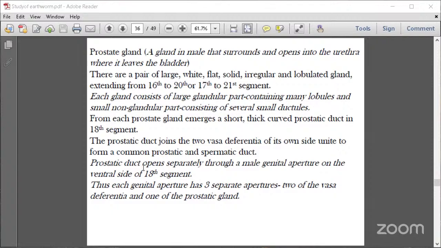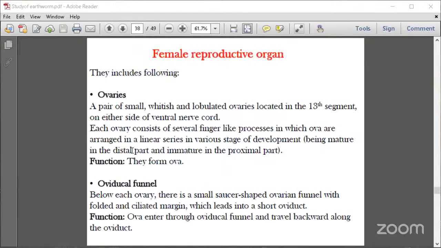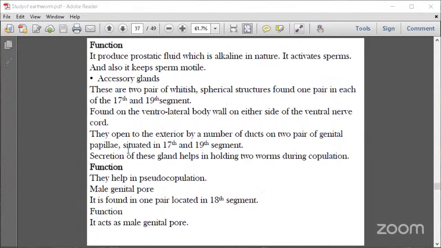The prostatic duct joins the two vasa deferentia of its own side, uniting to form a common prostatic and spermatic duct. A prostatic duct opens separately through a male genital aperture on the ventral side of the 18th segment. Thus, each genital aperture has three openings: two of the vasa deferentia and one of the prostatic gland. This tells us about our complete male reproductive organs.